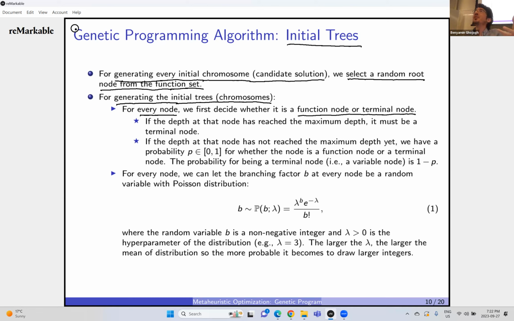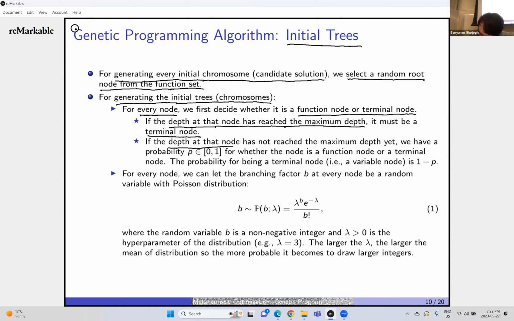So in the genetic algorithm, our random initialization was easy. We had random vectors as candidate solutions. Here we need random trees. If the depth at that node has reached the maximum depth, we don't want to go forever, so it must be a terminal node, a variable. Otherwise, we randomly choose whether it's a variable node or an operator node.